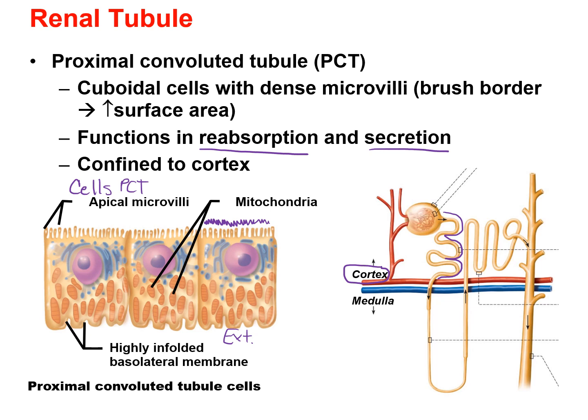So whenever you see reabsorption, what you should be thinking is the reabsorption of water or good solutes from the filtrate back to the blood. So when you see reabsorption, you reabsorb from the filtrate back to the blood.